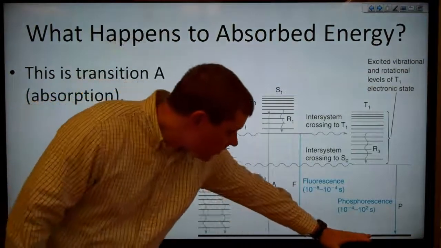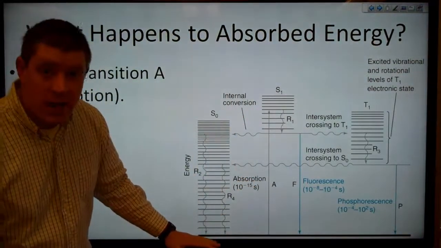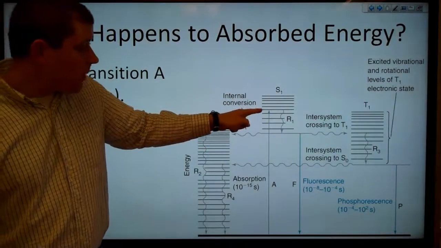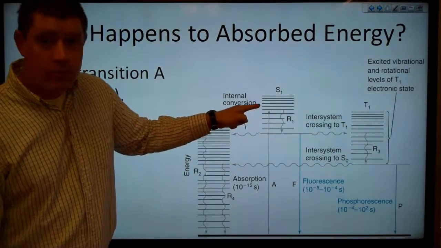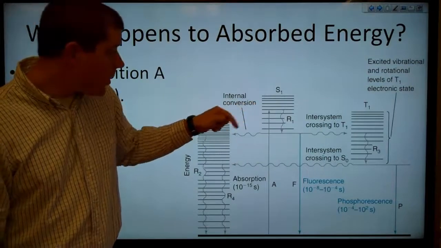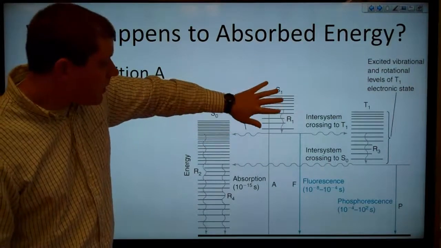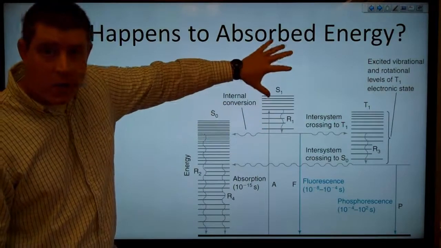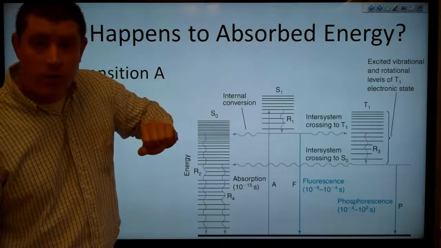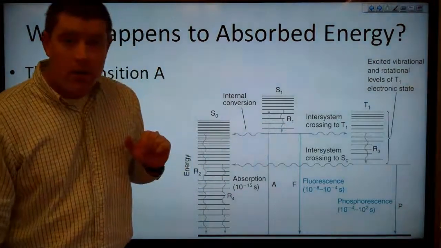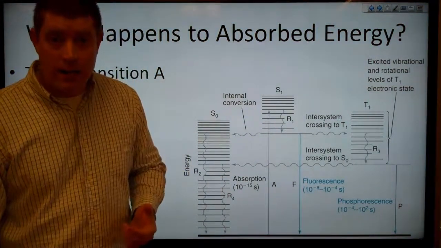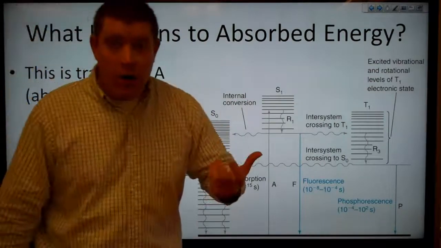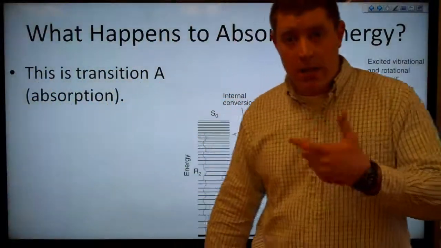That's where we're going from the ground state, which is down here, this solid black line, where that molecule is absorbing energy to go up into the singlet state, that S1 state, and it's somewhere up in here where we have the excited vibrational and rotational levels going up from that excited electronic level. These all have the electron in the same orbital, but the vibrational and rotational modes may be excited as well.